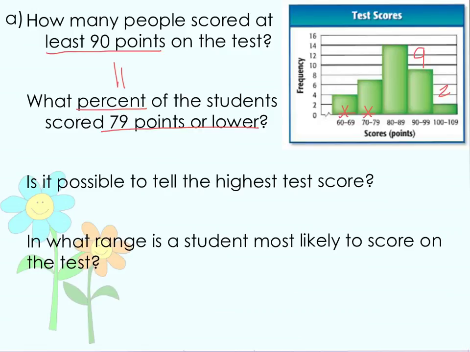So let's see how many kiddos that was. So 4 in this interval and 7 in this interval. So there were 11 kiddos on this one as well that scored less than 79. But remember, for a percent, I have to have the part over the whole. So I'm going to divide by the total number of kids who took this test.